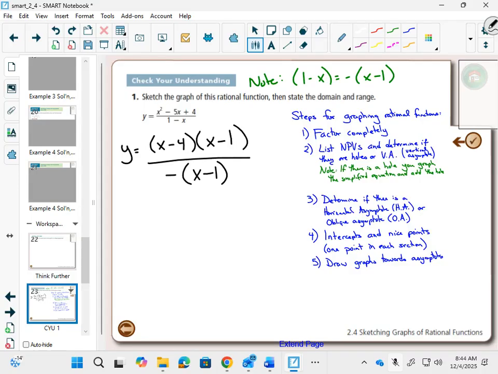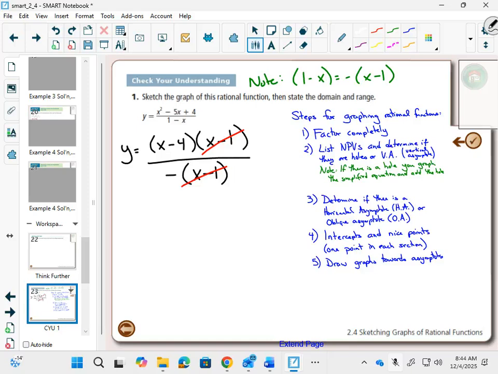Because technically, 1 minus x and x minus 1 are not identical. But if I factor a negative out of the bottom, that would make the 1 negative, it would make the x positive. Now, these are the same. So those will cancel out.